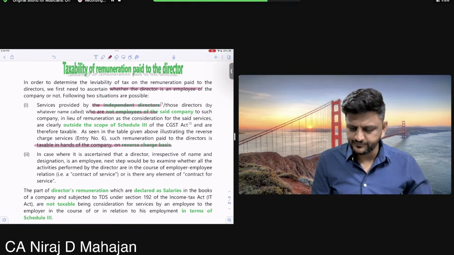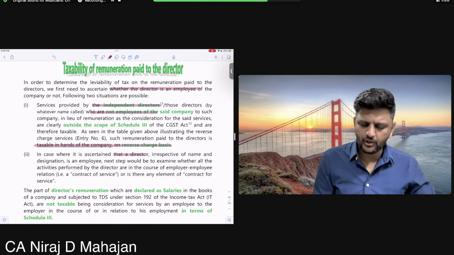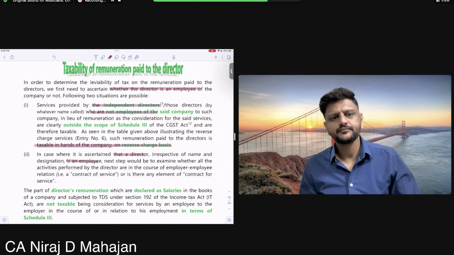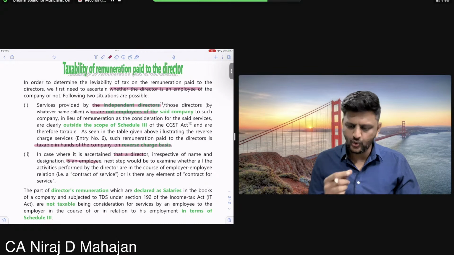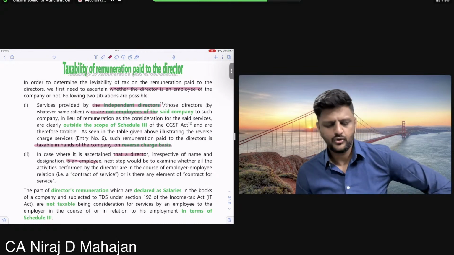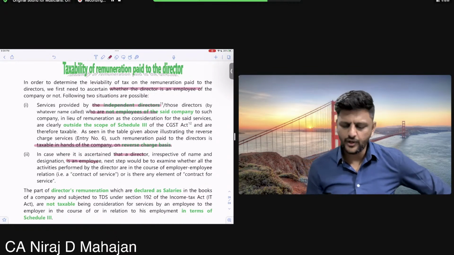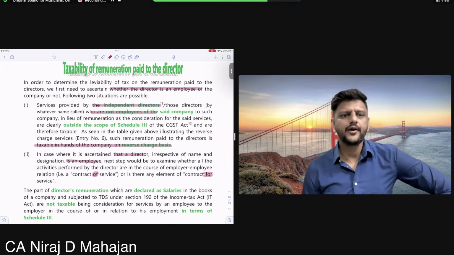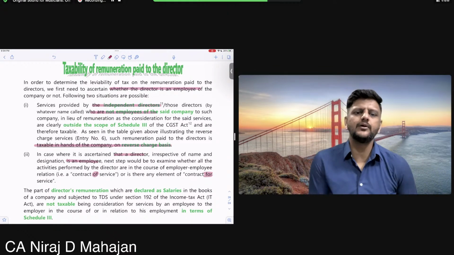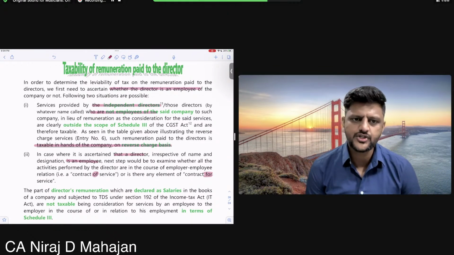But if the director is an employee by whatever name called, then what? The next step would be to examine whether all activities performed by the director are in the course of employer-employee relationship or not. That is, it is a contract of service and not a contract for service. Contract of service means doing the job, doing the work. There is an employer-employee relationship.